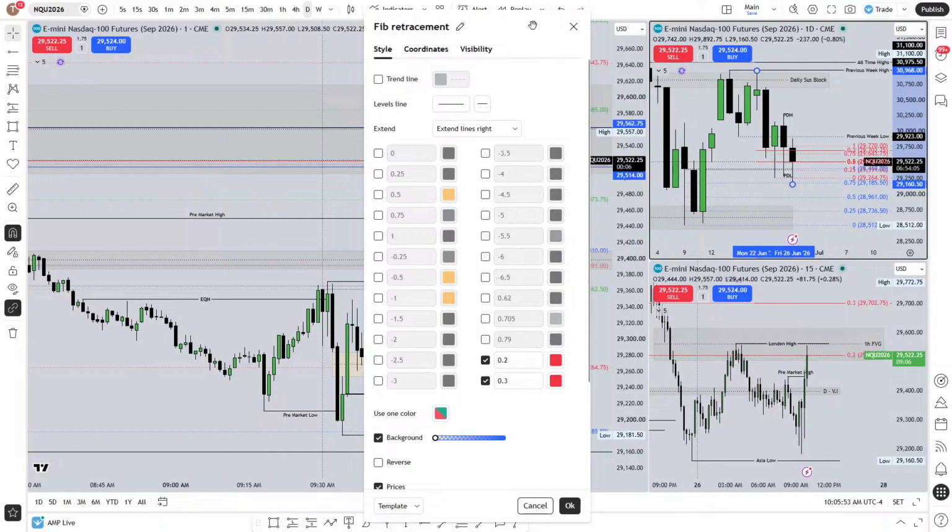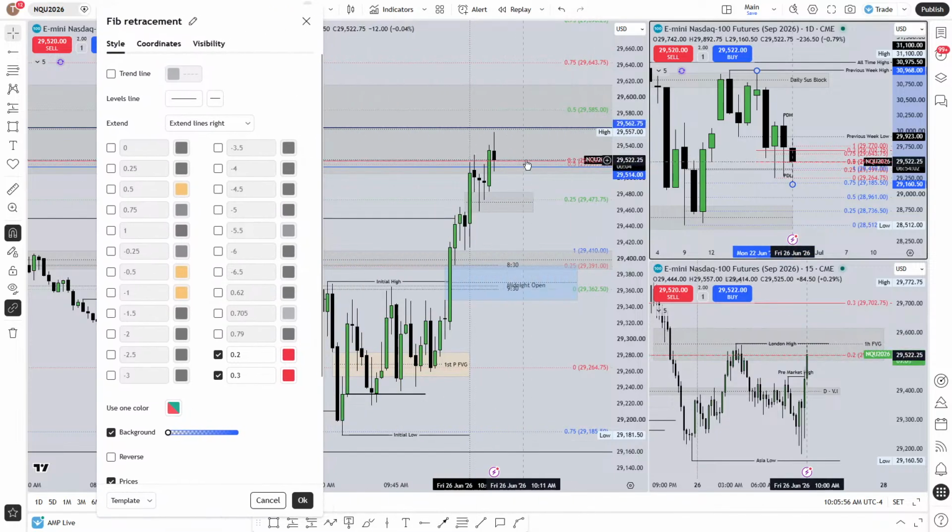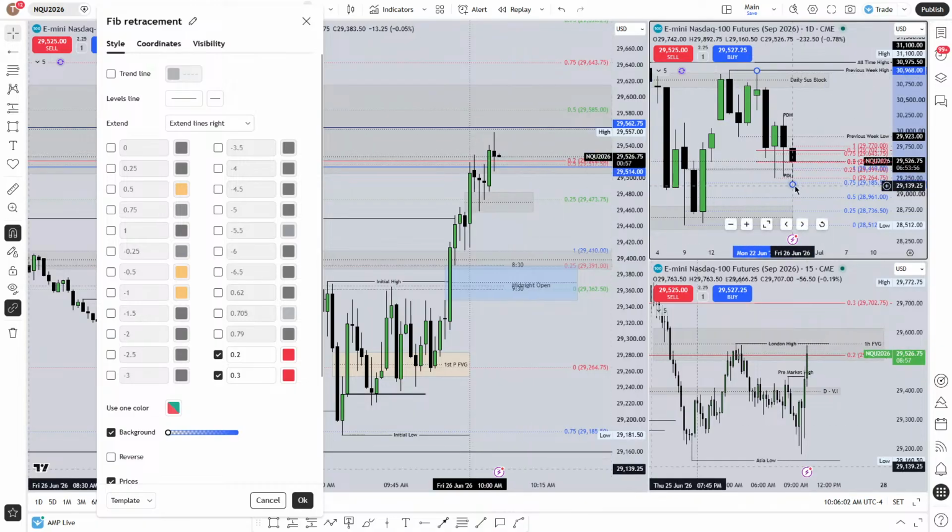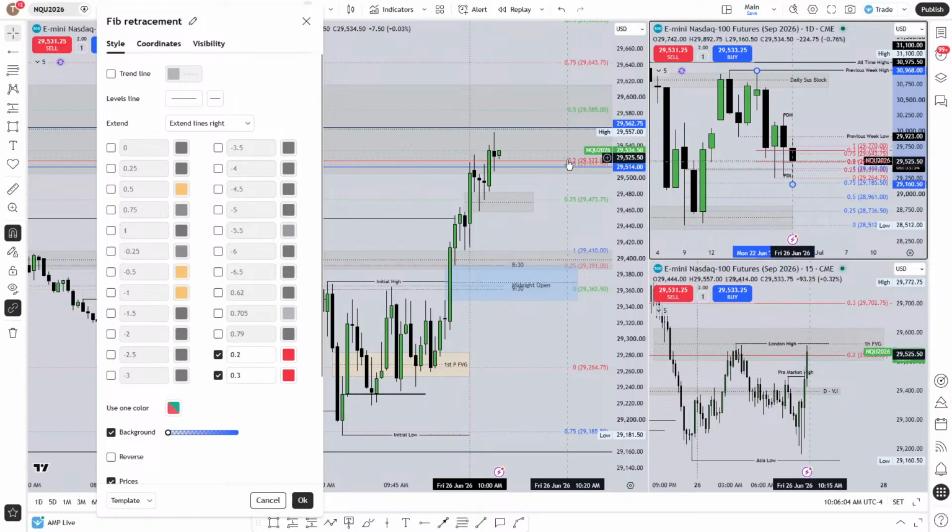All right, so if you take a look, we're right at that retracement level of the weekly range from Monday high down to the current weekly low. We're right at the 20% retracement level. So that's the classic TGIF Friday retracement.